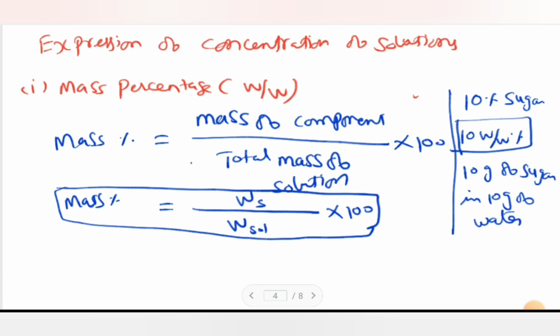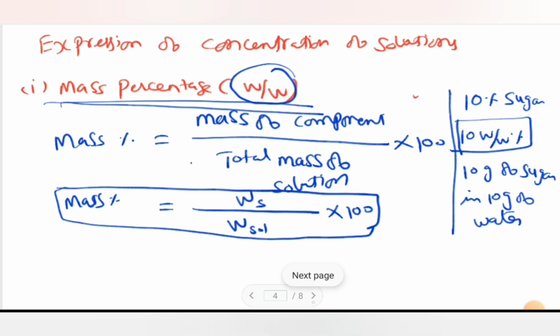Usually how we do for solutions, we take a solid and we dissolve in a liquid, right? But for weight by weight mass percentage, only gram weight is considered. So this is the basic of the mass percentage, right?